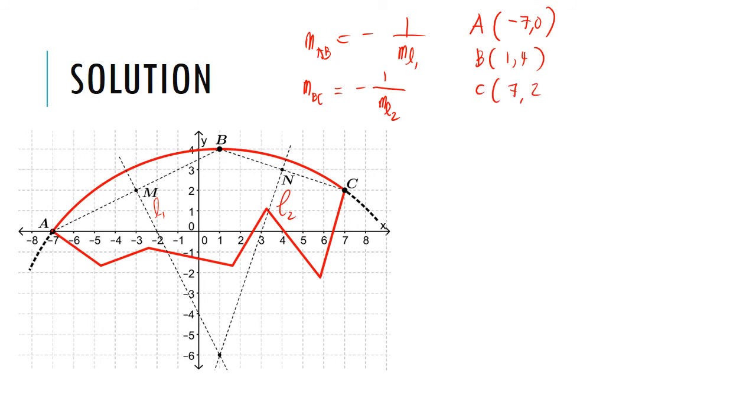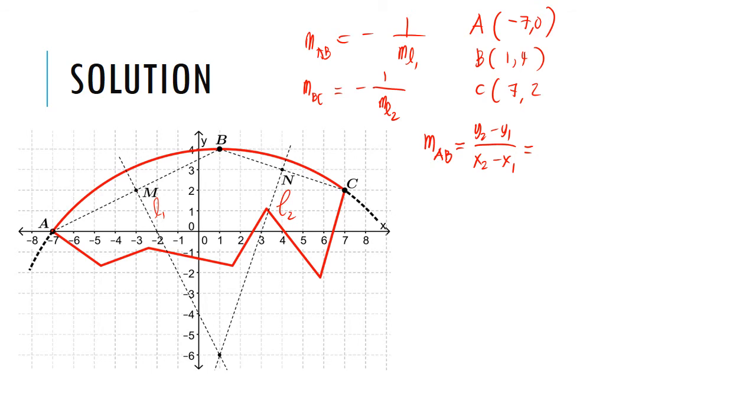Finding the slope of the chord AB, the formula for slope is y2 minus y1 all over x2 minus x1. So let B be x2, y2, and point A be x1, y1.